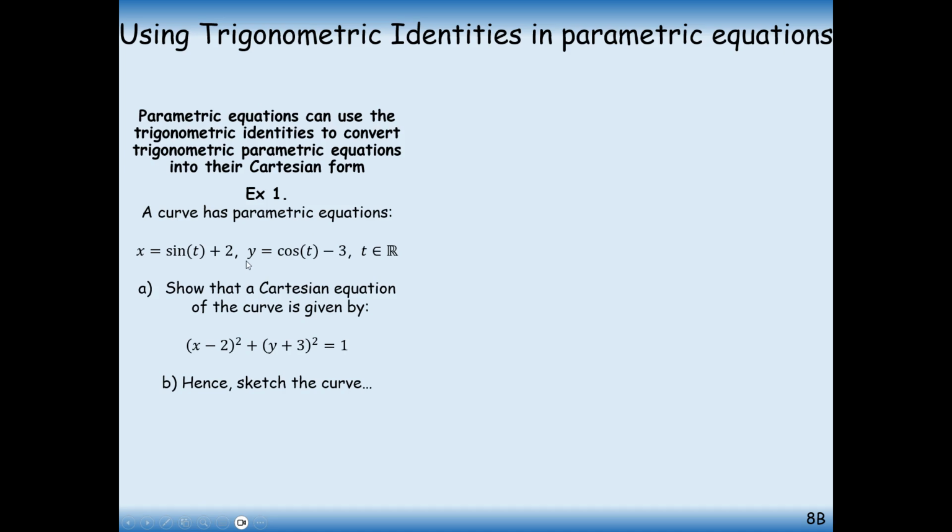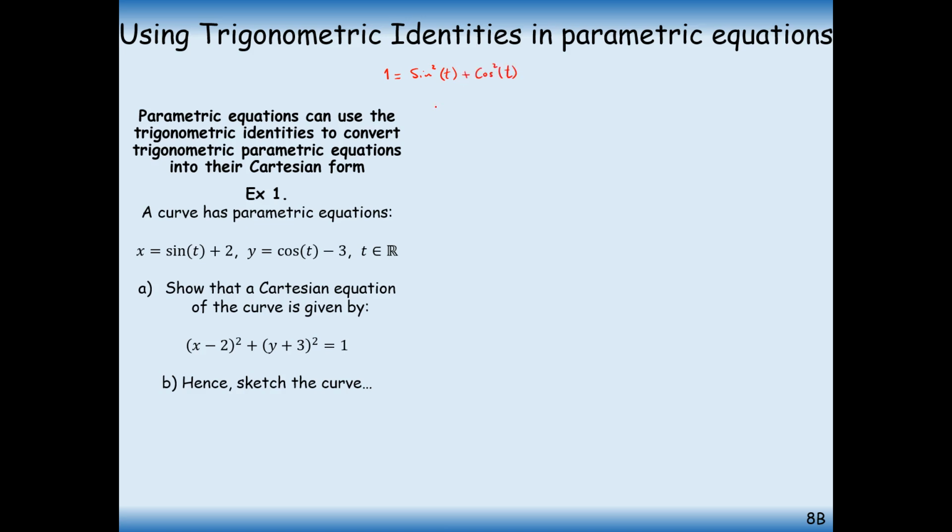We can rearrange the first equation to the point where sine of t equals x minus 2, and we can use our very famous identity that 1 equals sine squared of any angle, in our case t, plus cos squared of that angle.